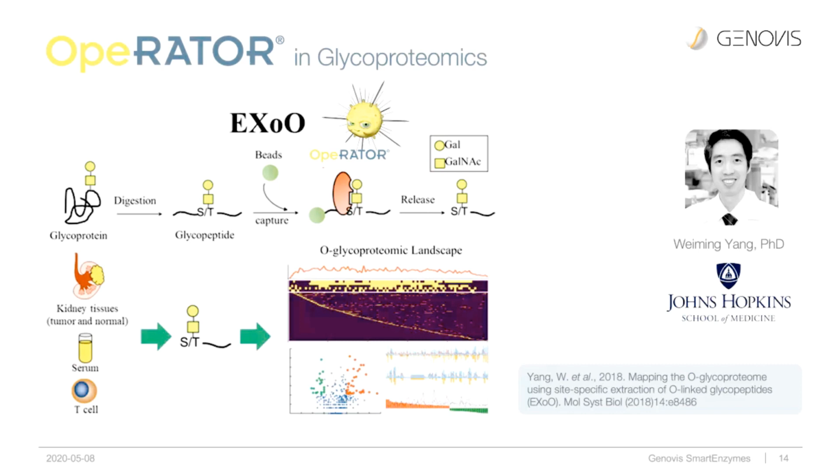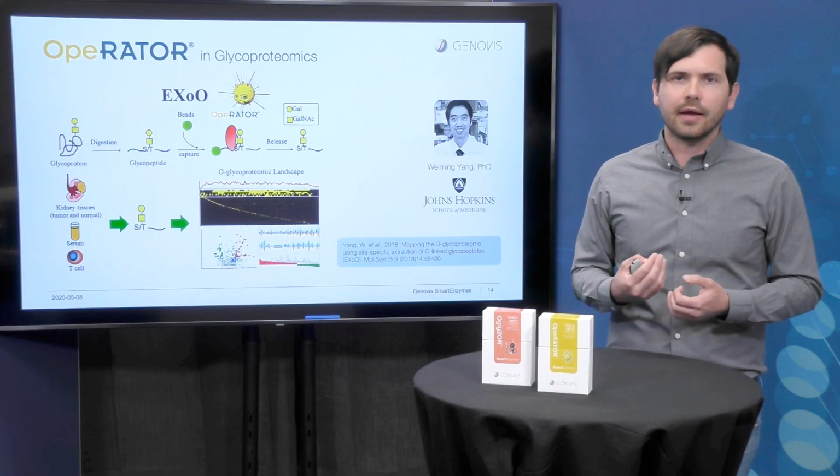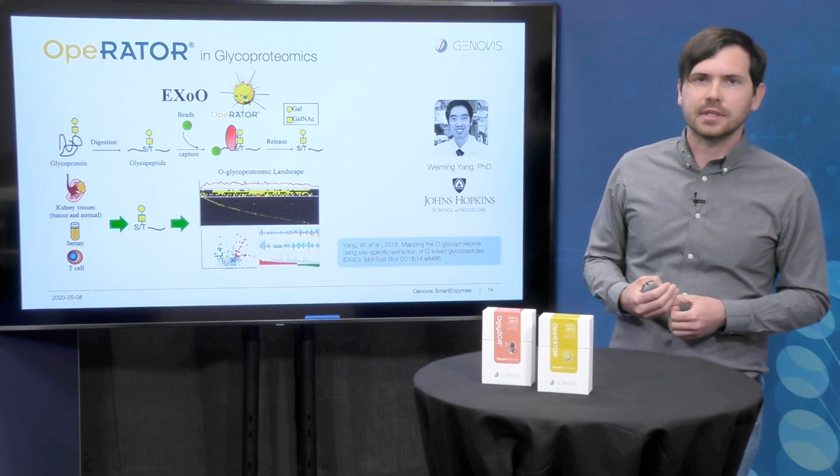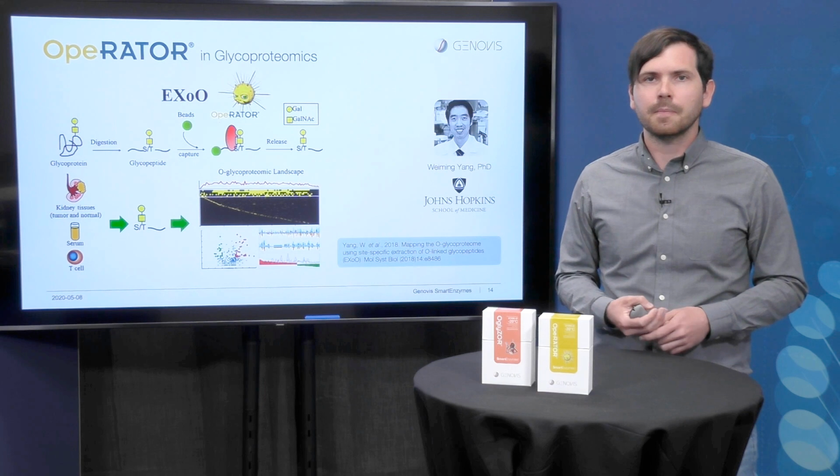O-glycopeptides can then be specifically released using OpeRATOR digestion, and as OpeRATOR digests N-terminally to the O-glycan, the O-glycosylated part of that tryptic peptide will be released from the beads. The rest, plus all the non-glycosylated or N-glycosylated peptides, will stay on the solid support and can be removed. That gives a very clean O-glycopeptide sample that allows for very in-depth analysis of the O-glycosylation in that specific sample.